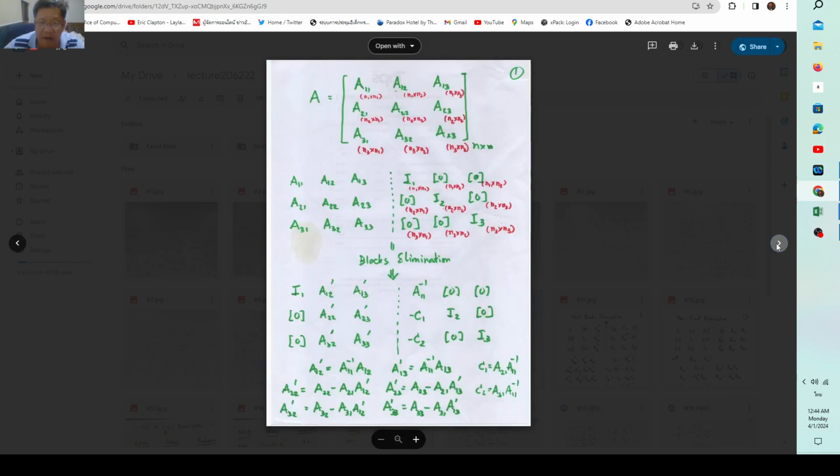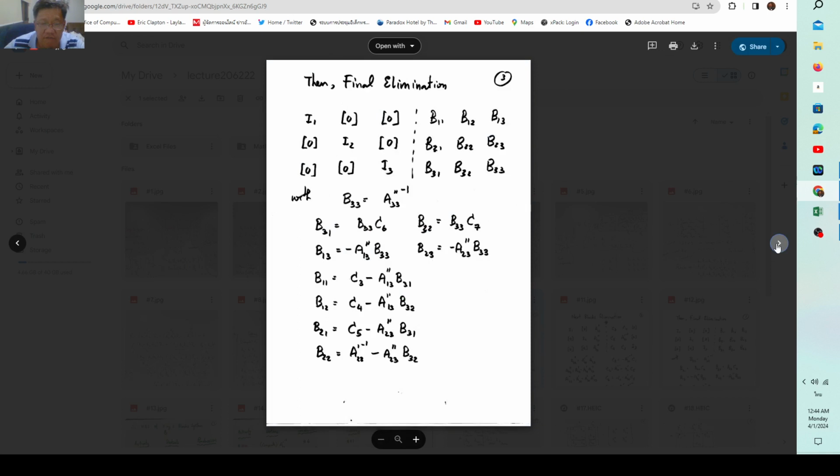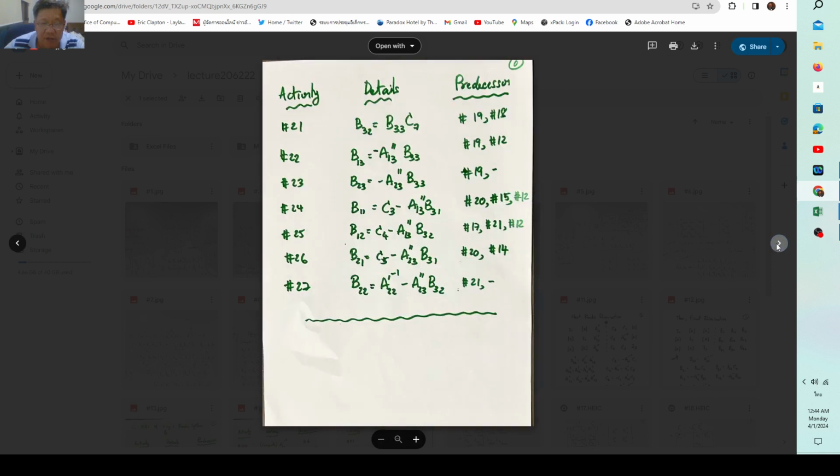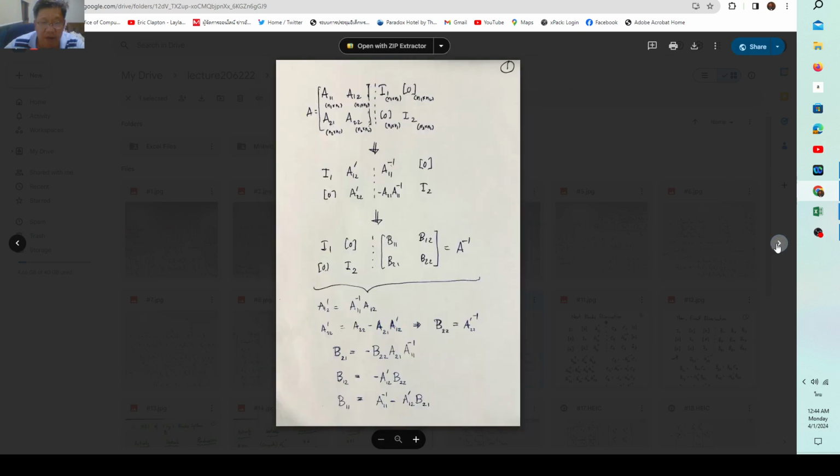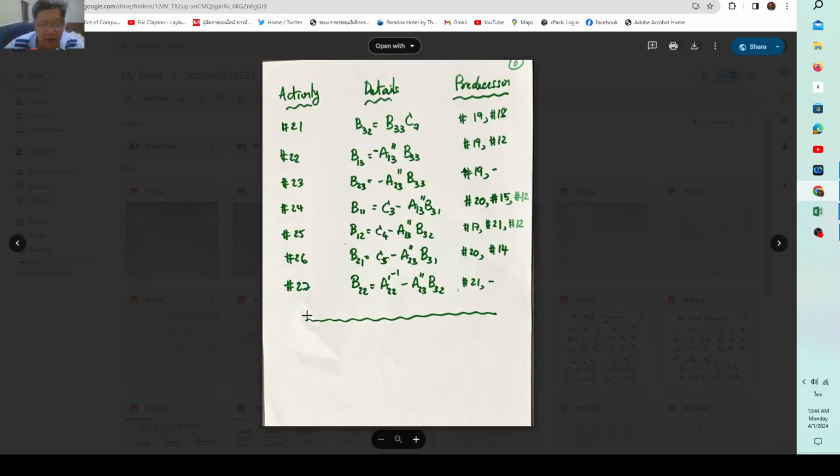But for inverse, which certainly requires more memory in the results, it becomes 27 activities. If you are interested, you can keep continuing deriving this flow of computation with maybe 4 by 4, 5 by 5, and so on, right? Okay.